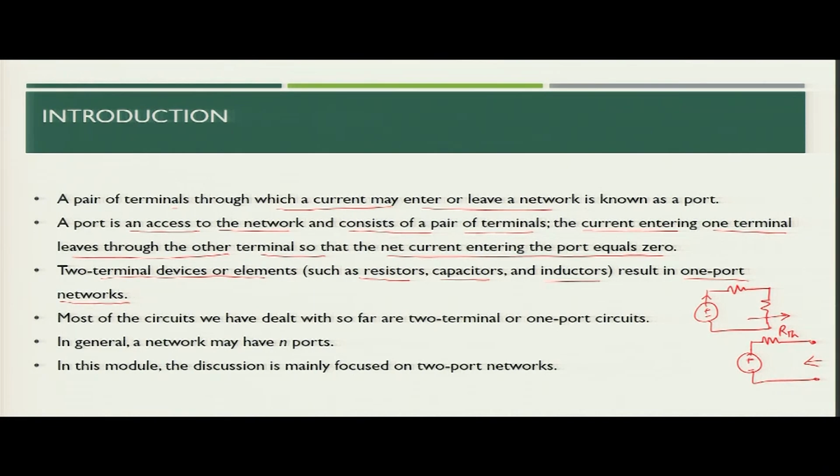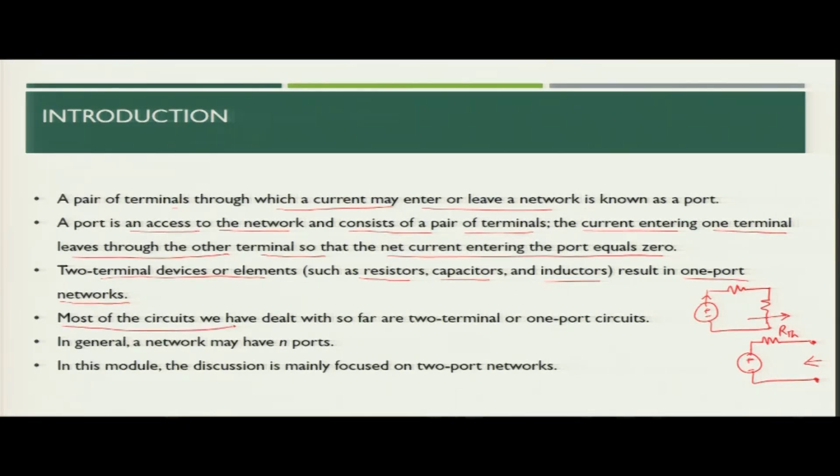So, here you will see that the circuit is having two terminals. These kinds of circuits are called one port networks, because here we see only two terminals, and two terminals correspond to one single port.